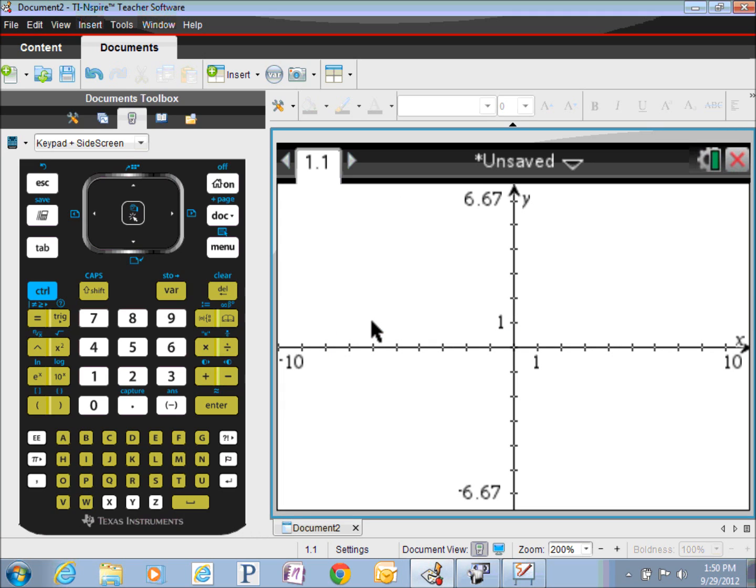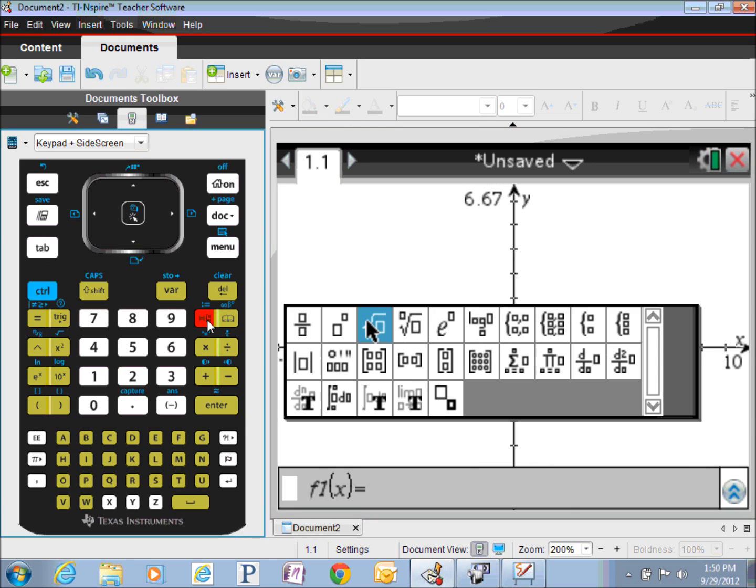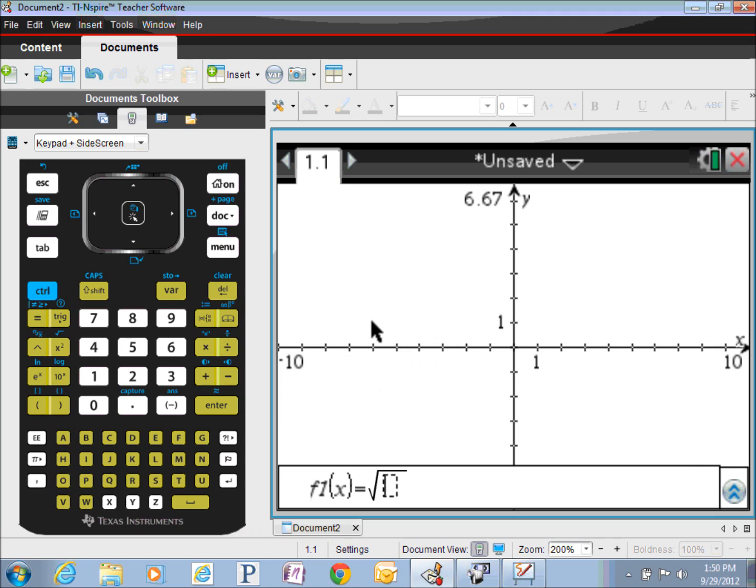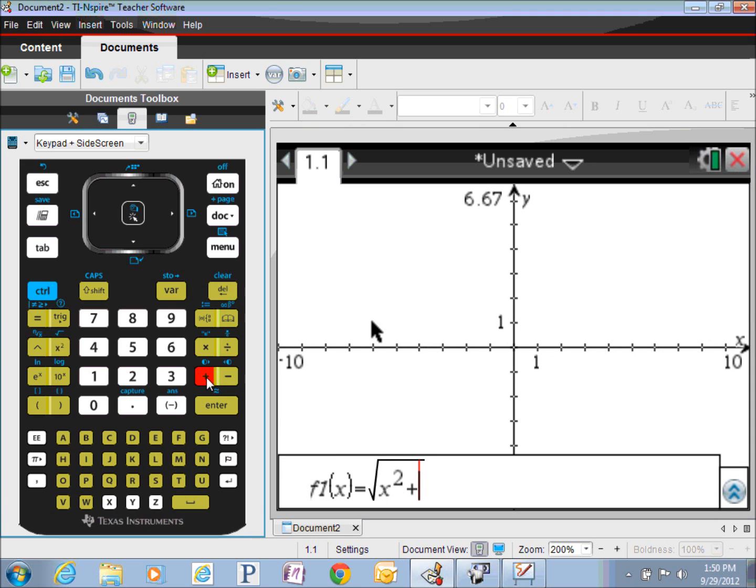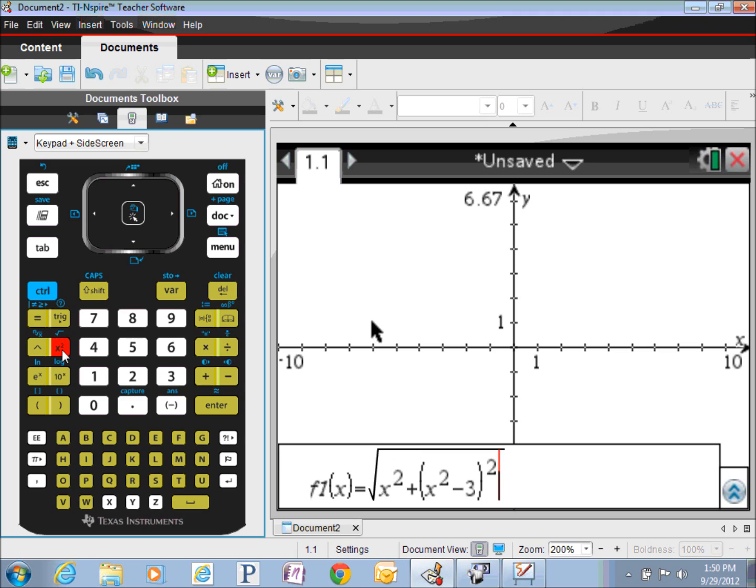I got to open my graph up first. In that square root, I wanted x squared plus the quantity x squared minus 3, and we want to square that quantity.